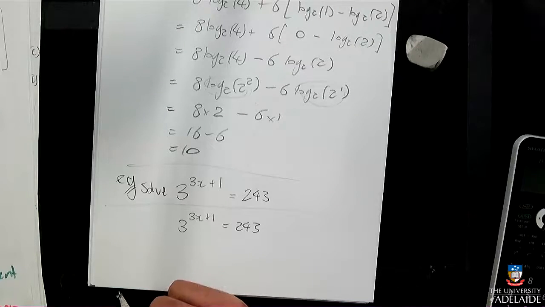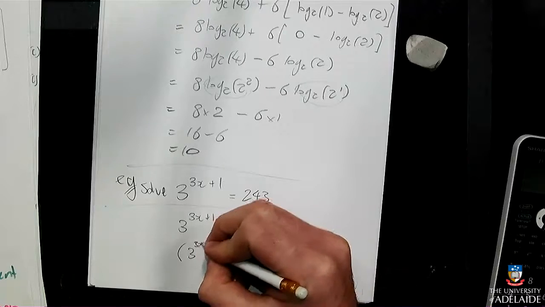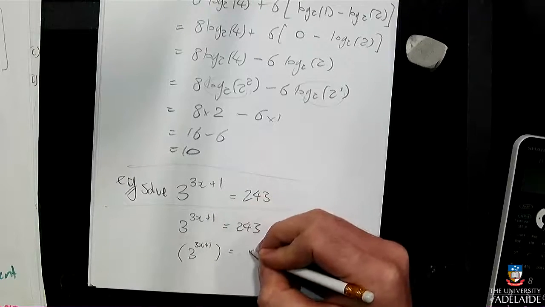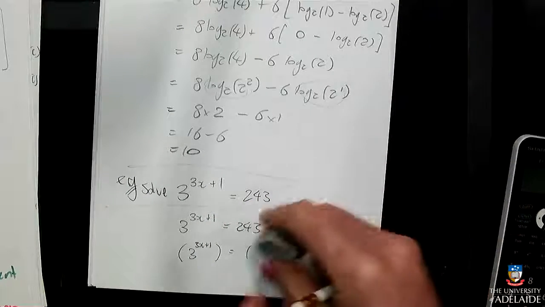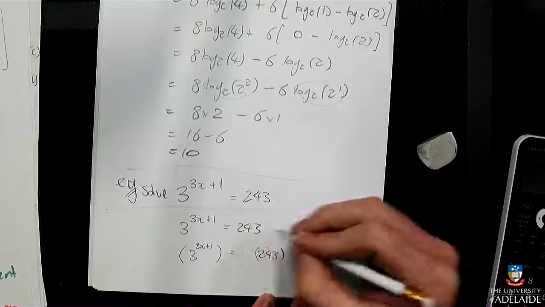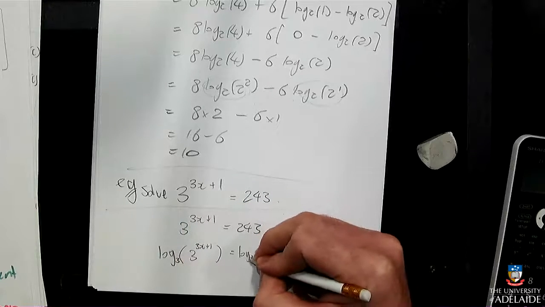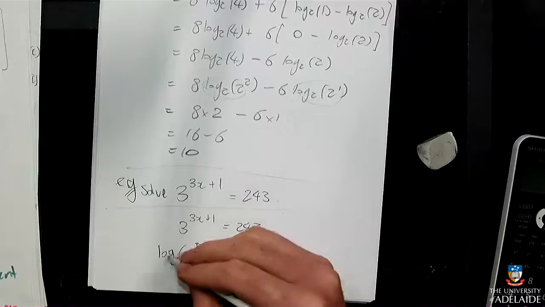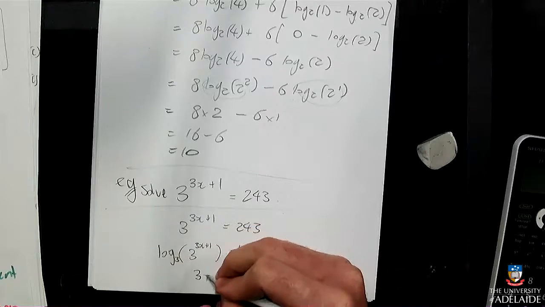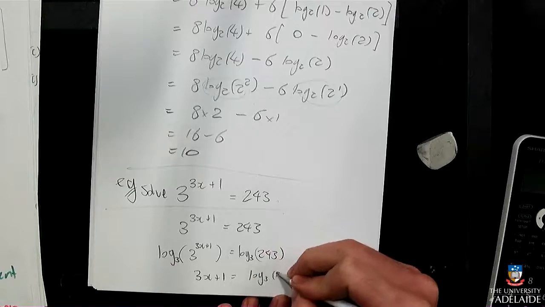I know that rule, so I can take the equation I already have and do this. Log base 3 and 3 to the power of cancel each other out, and this is whatever it's going to be.